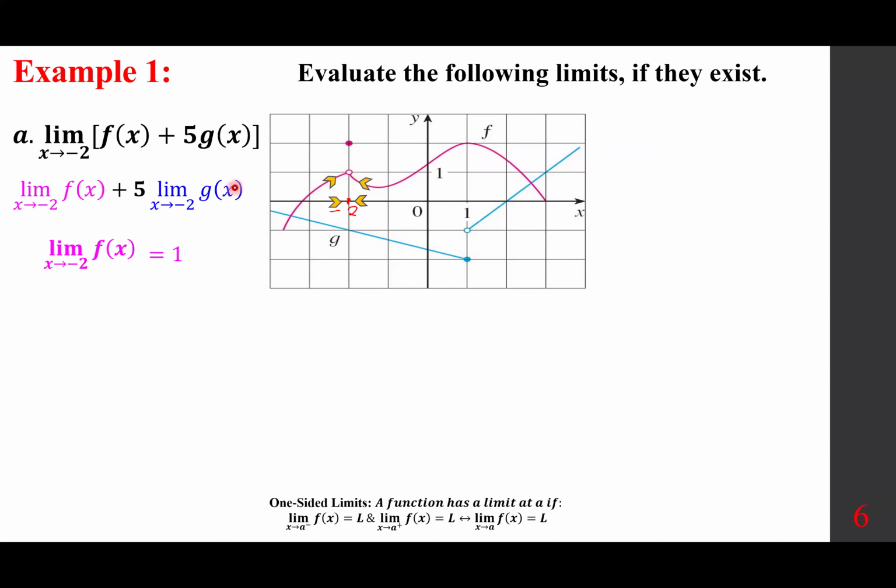Let's look at limit of g of x as x approaches negative 2, the blue function. As we move from the left and right, we are moving towards this point, and this point has a y-coordinate of negative 1. So we have 1 plus 5 times negative 1, they add up to negative 4.